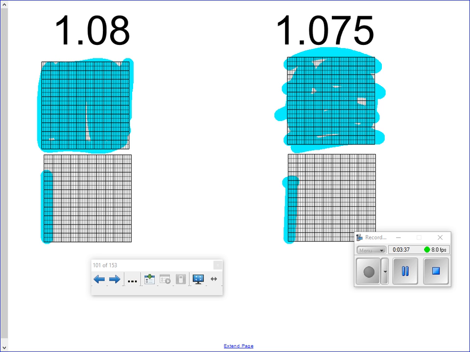So although these are very close in value, you can see that in the first one, this spot right here is totally empty, and here we have 5 filled in, and here this is all filled in. So 1 and 8 hundredths is greater than 1 and 75 thousandths.